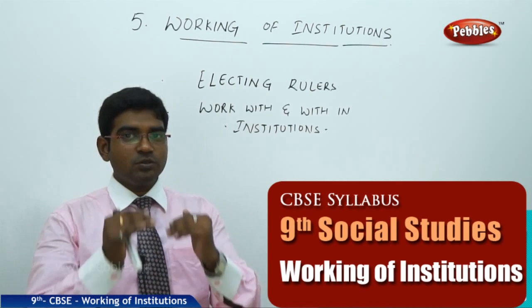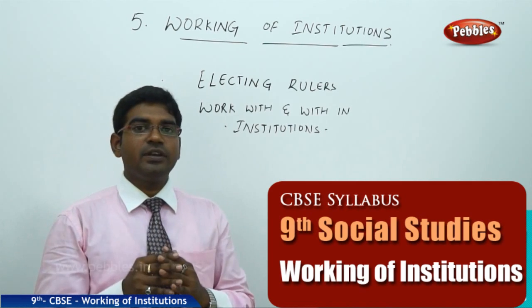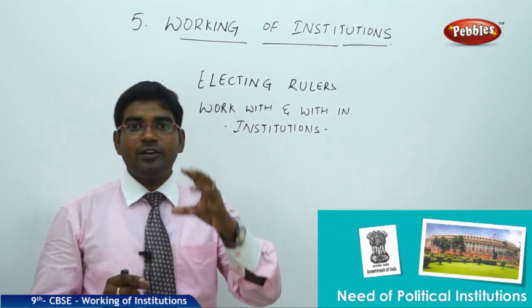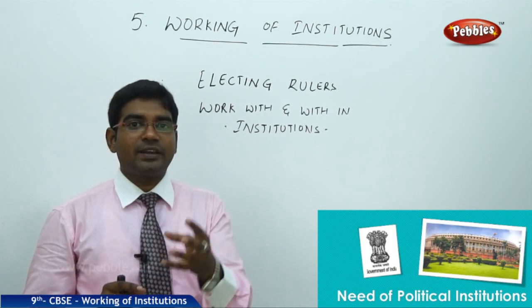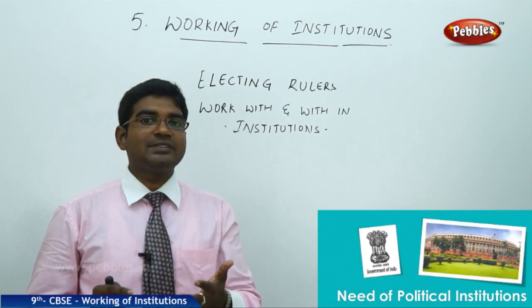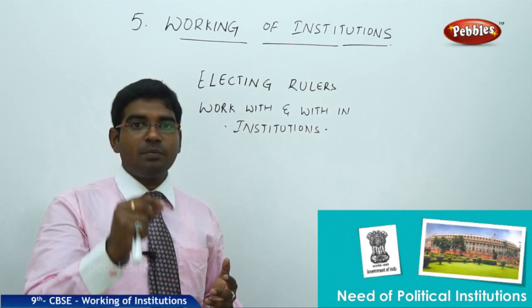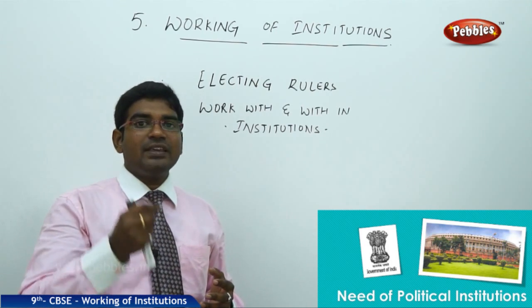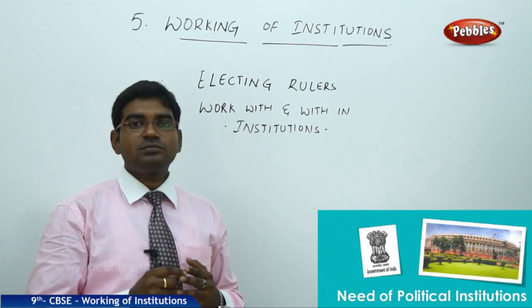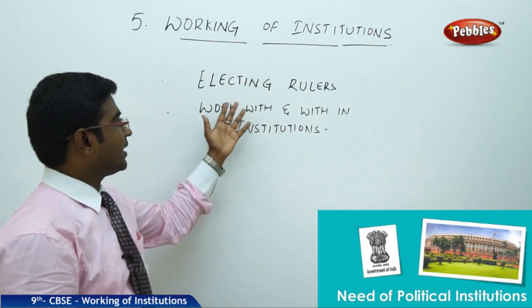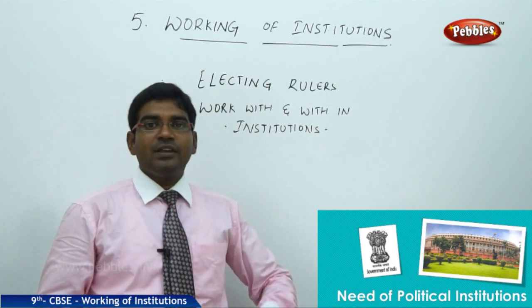Now, coming to this unit, we will be discussing what the other duties of the ruler are after he is elected, or of the people's representative once he becomes a member of parliament or the member of the Vidhan Sabha. What is he supposed to do? Democracy is not only about electing the rulers.